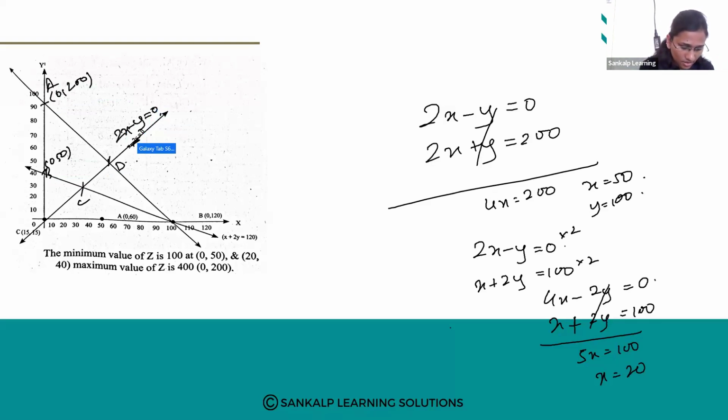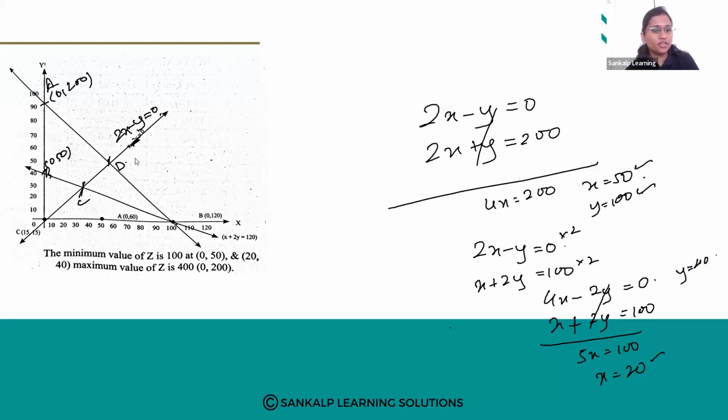D is the intersection of 2x minus y equals to 0 and 2x plus y equals to 200. If we solve it, x becomes 50 and y becomes 100. And C is the intersection point of 2x minus y equals to 0 and x plus 2y equals to 100. If we solve it, x becomes 20, and when x is 20, y becomes 40. Correct?